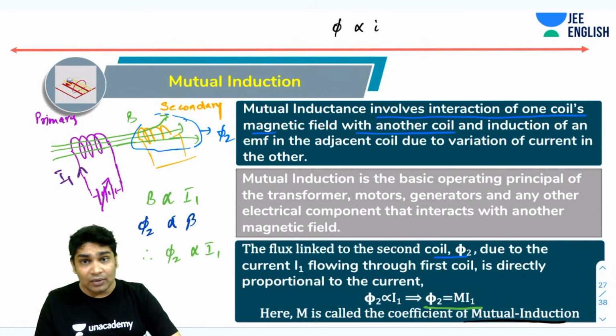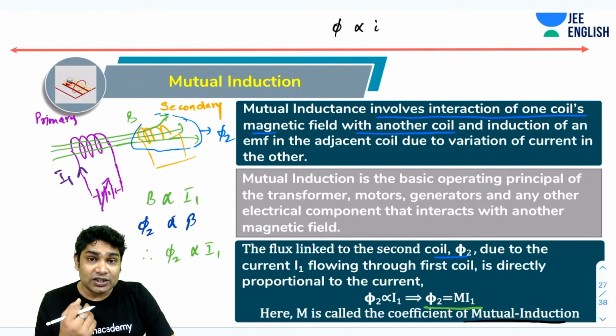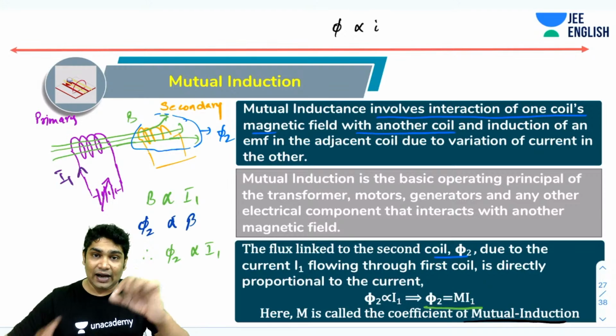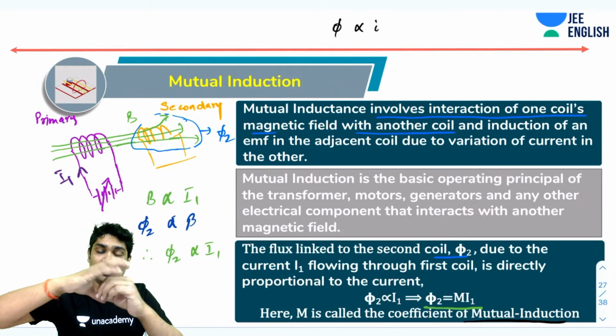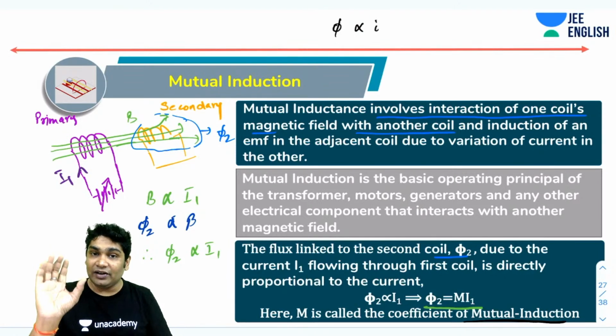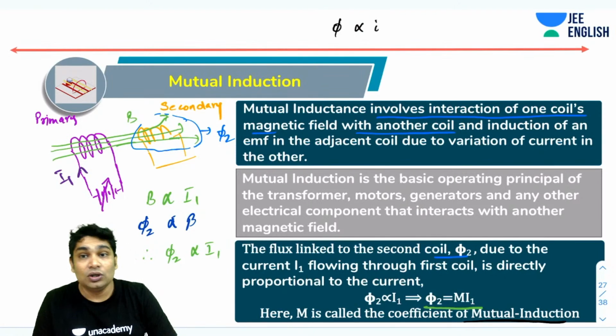So the value of M depends on the relative positioning and also the size. Imagine if this was one coil and I had a huge coil which is completely surrounding this, then the entire magnetic field would be linked with the outer coil also. So it depends on the dimensions as well as the relative positioning of the two coils.